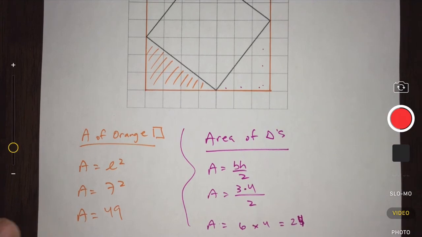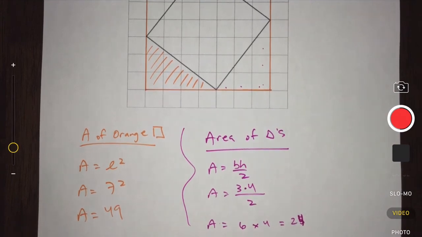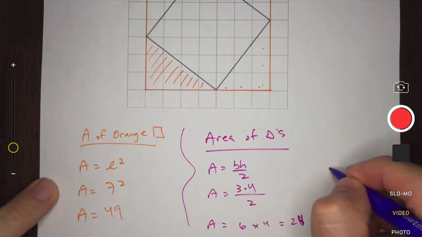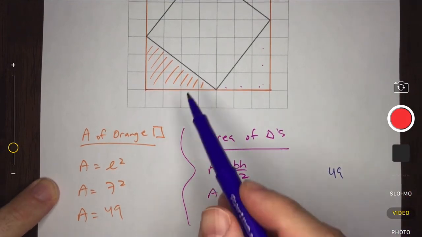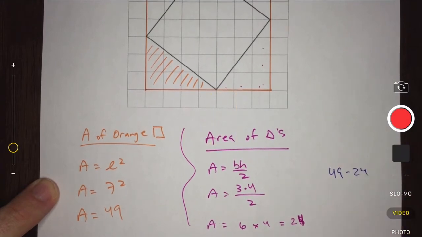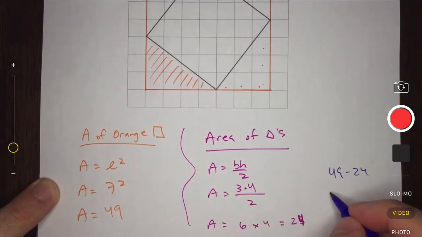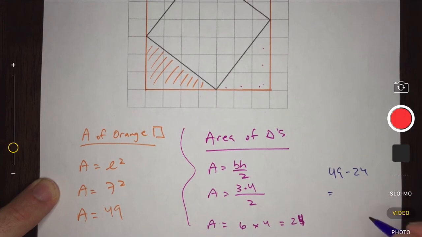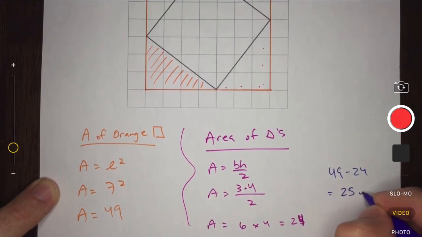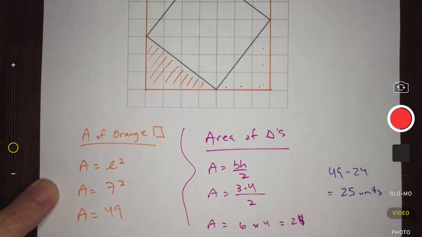units. Last thing I can do to figure out the area of my turned square is 49 in the big orange square minus 24 in all my triangular pieces, which is going to give me an area of my rotated or turned square of 25 units.